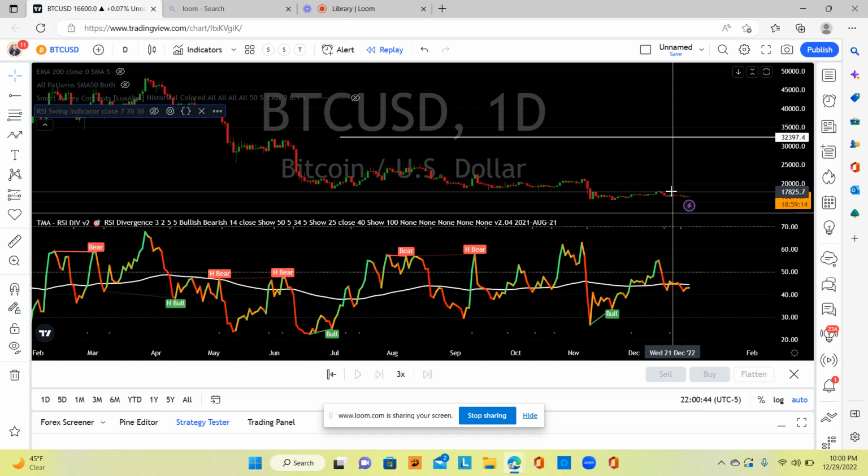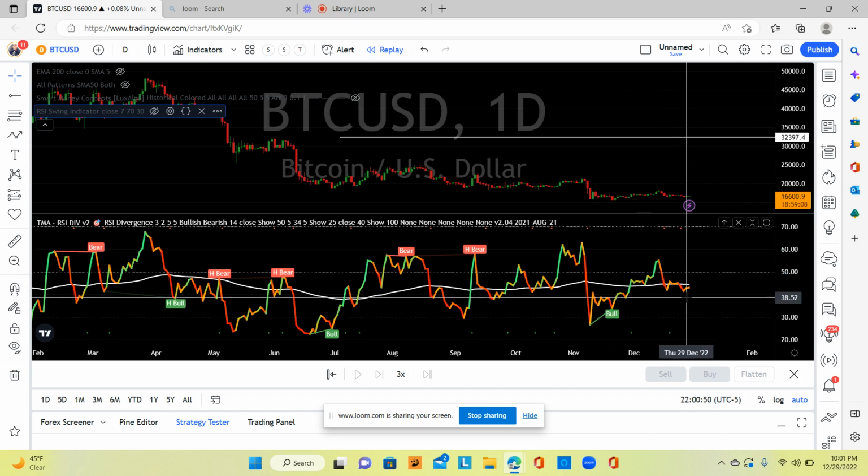That's where the divergence comes in. And if you are able to spot it ahead of time, you will know when it is time for you to get in or out of your trades or your stocks, because you can trade stocks on here too, cryptocurrency, and you can trade regular currency pairs.